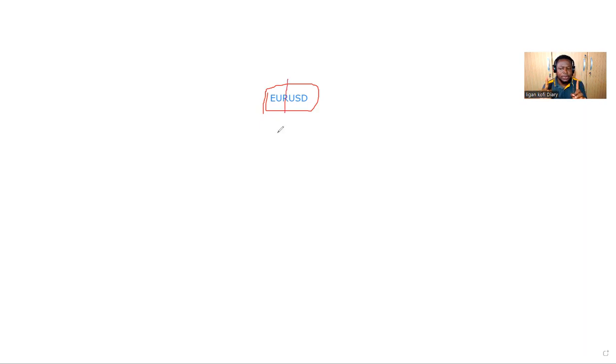And when it comes to currency trading, you are always holding one currency, exchanging it for another. So it's always two currencies involved. And that is why the currencies have been paired, which is now called currency pairs. So you have Euro and then you have the USD, making up Euro USD.